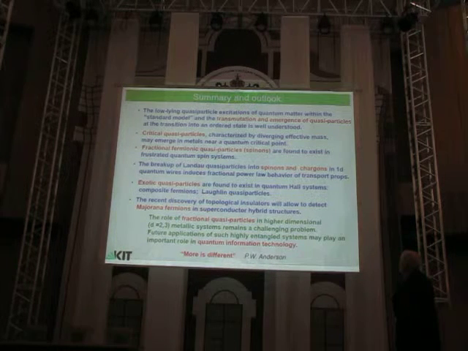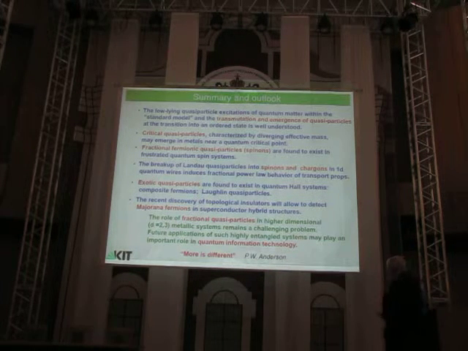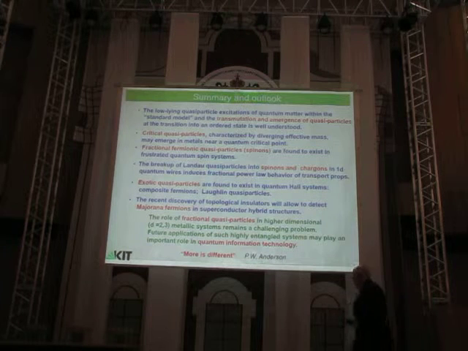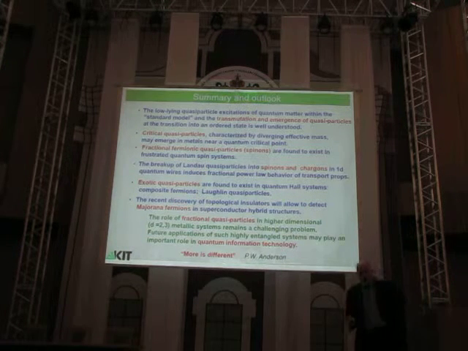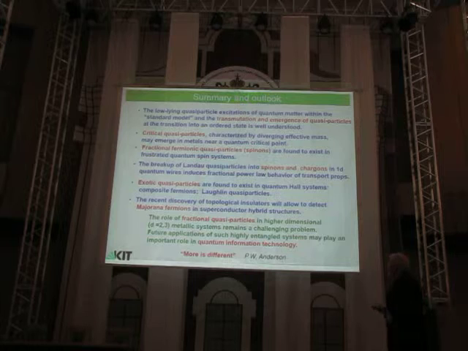There are fractional fermionic quasi-particles in principle, so-called spinons, in frustrated quantum spin systems. Then it has been long known that the Landau quasi-particles break up into spinons and chargons in 1D quantum wires. And with recent advances in nanotechnology, one can actually see these fractional quasi-particles in the corresponding power law dependencies of the conductors.